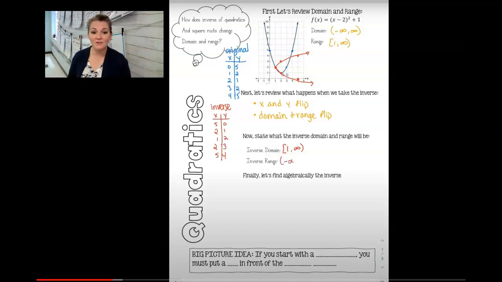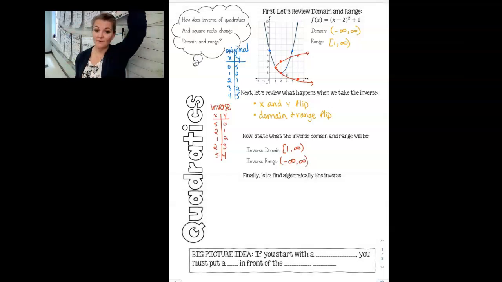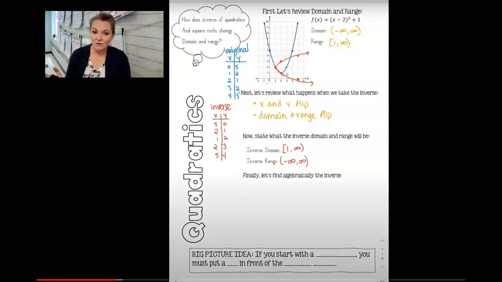My inverse range is all real numbers. It's going forever up and forever down. So without even graphing it, don't we love math that we don't even have to do really math for? I could give my domain and my range because all I had to do was flip it. My domain becomes my range, my range becomes my domain. As long as I have the original, I can get that information.